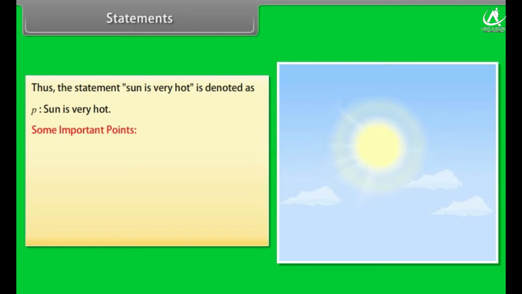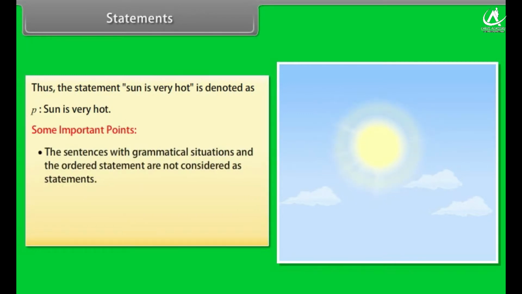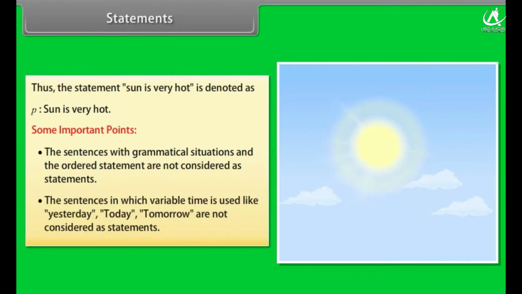Some important points. The sentences with grammatical mistakes and the ordered statement are not considered as statements. The sentences in which variable time is used, like yesterday, today, tomorrow, are not considered as statements.